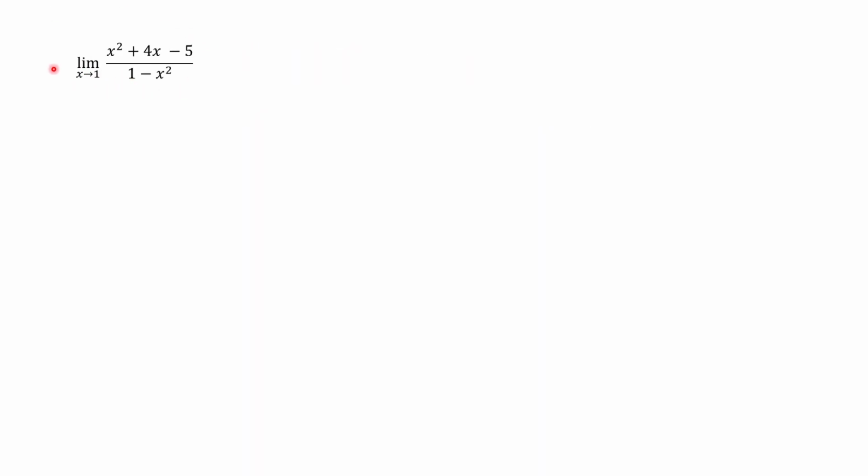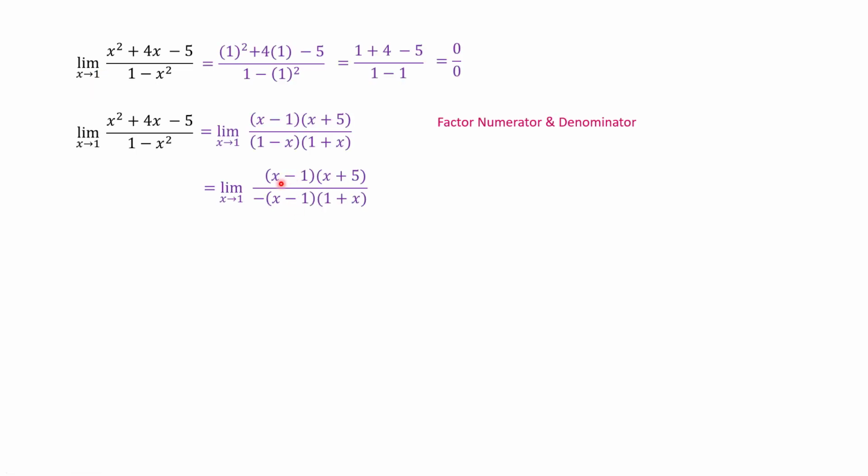And in this example, of course, the common factor is x minus 1. As x approaches 1, the common factor is x minus 1. As you can see, the common factor between numerator and denominator is x minus 1.